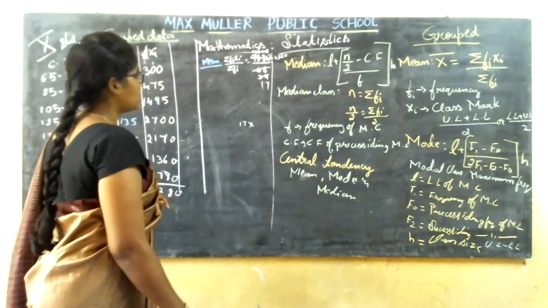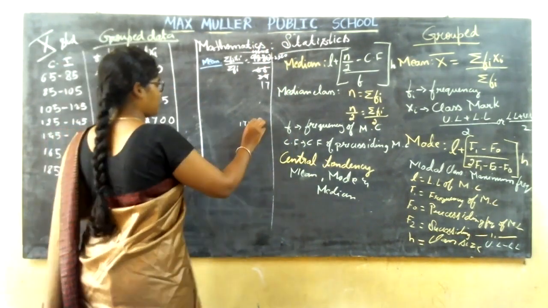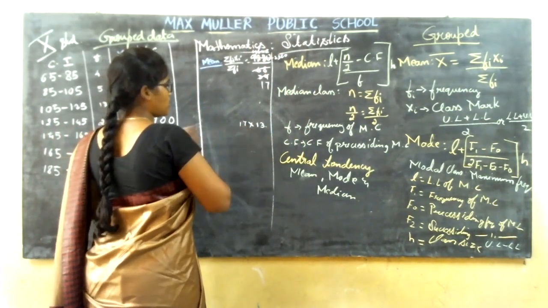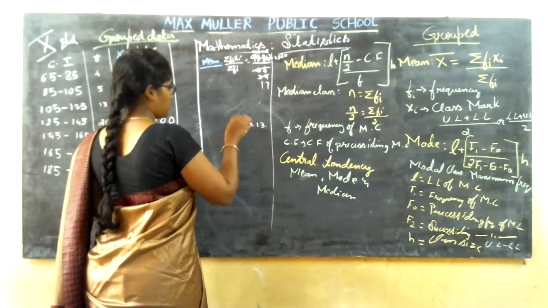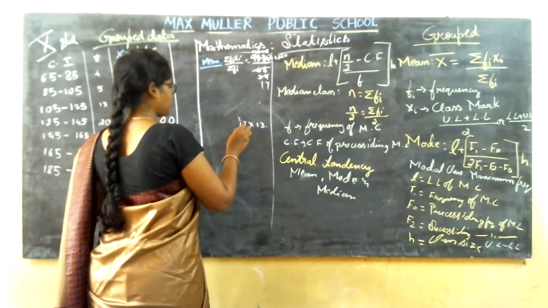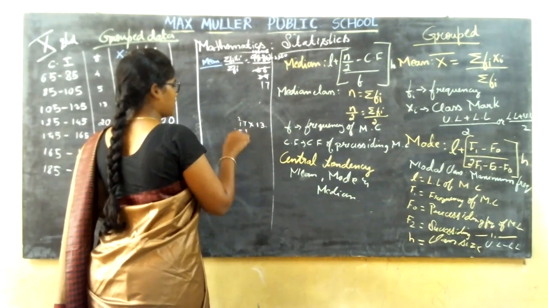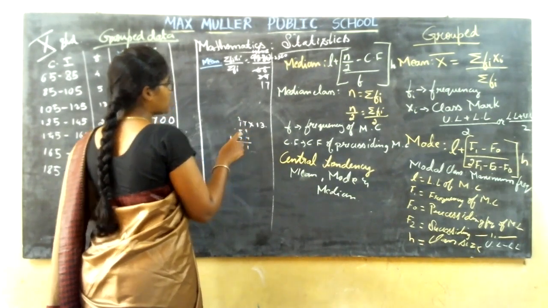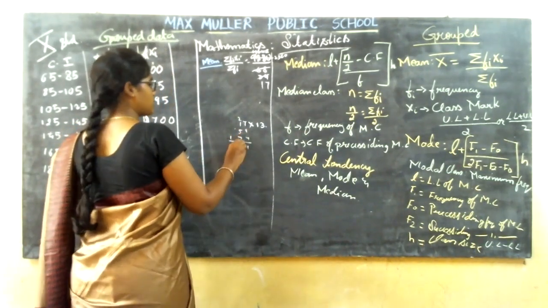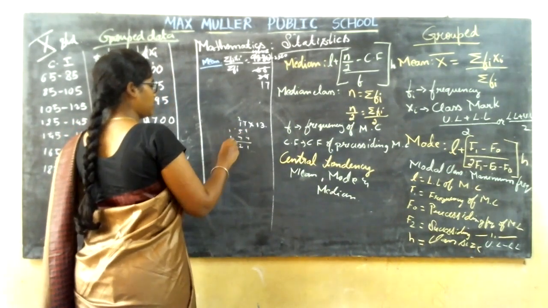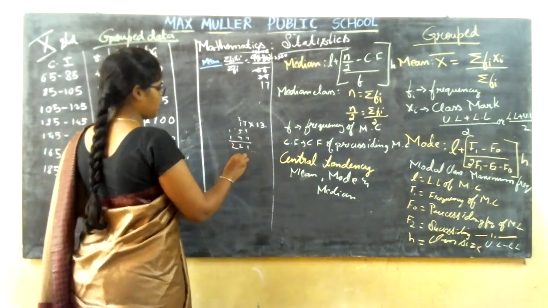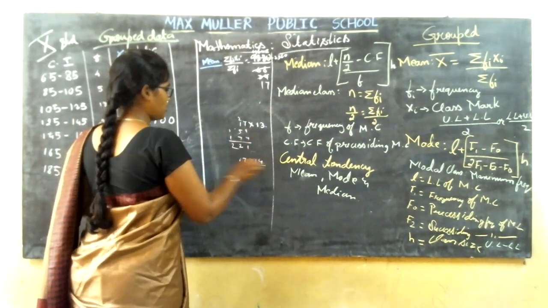2 3, 2 3. Let me try this. 7 3s are 21, 1 3 carry, 3 1s are 3 plus 2, 5 plus 7, and 5 plus 5 is 10, 10 plus 2 is 12. Let me try with 14.